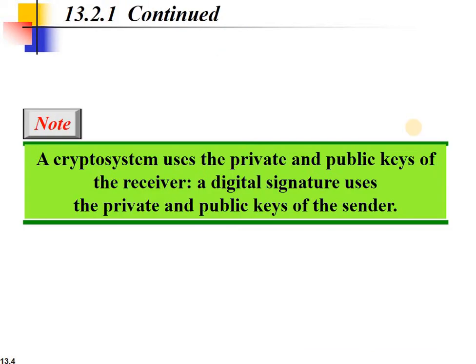One thing you should remember: in public key asymmetric cryptography, we use the private and public key of the receiver, but for the digital signature concept, you use the private and public key of the sender. We are talking about the sender's point of view. But in the normal communication scenario, in public key encryption, you use the receiver's private and public key.